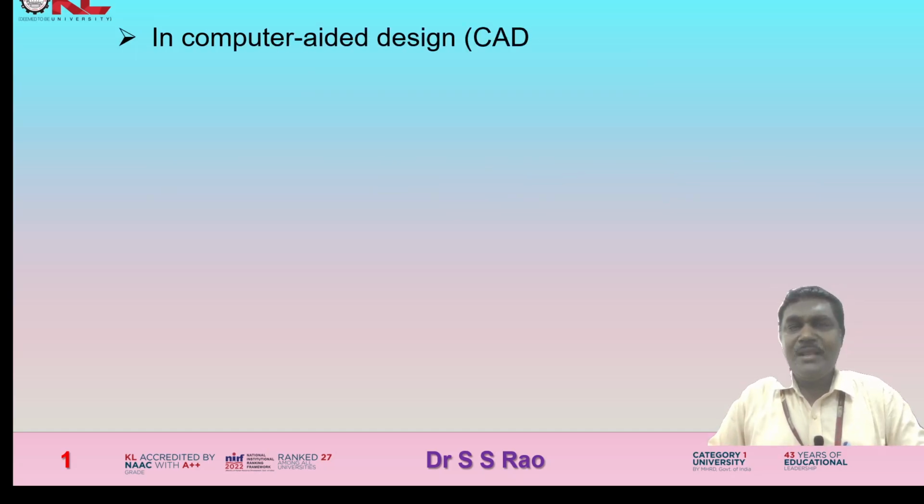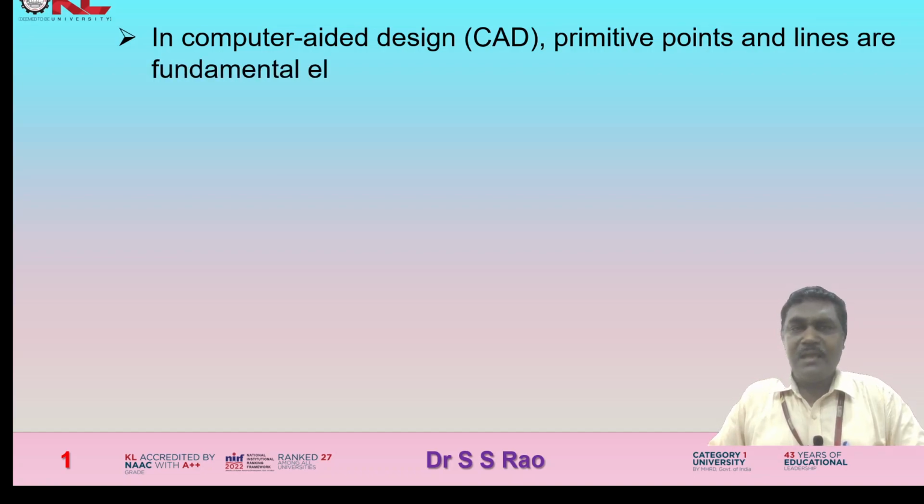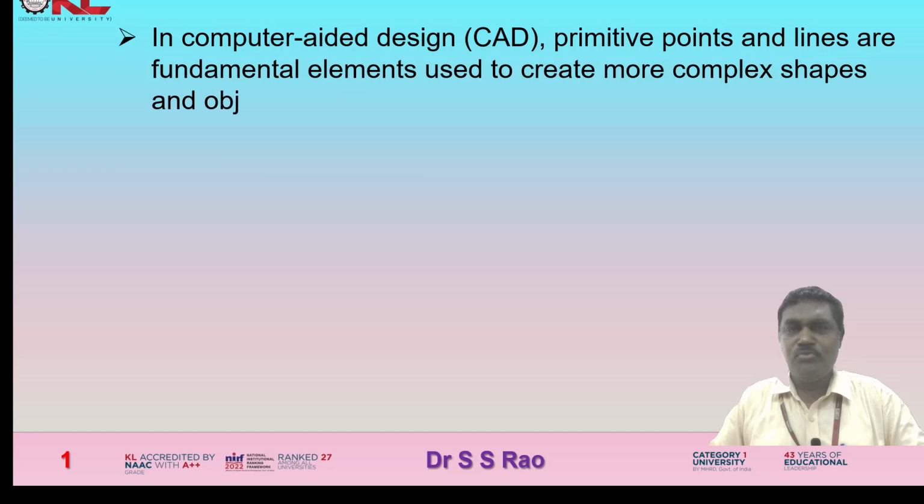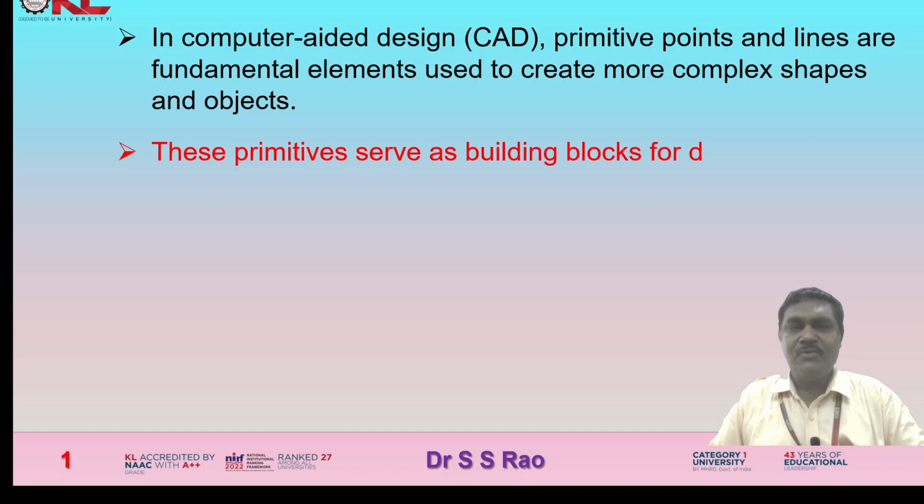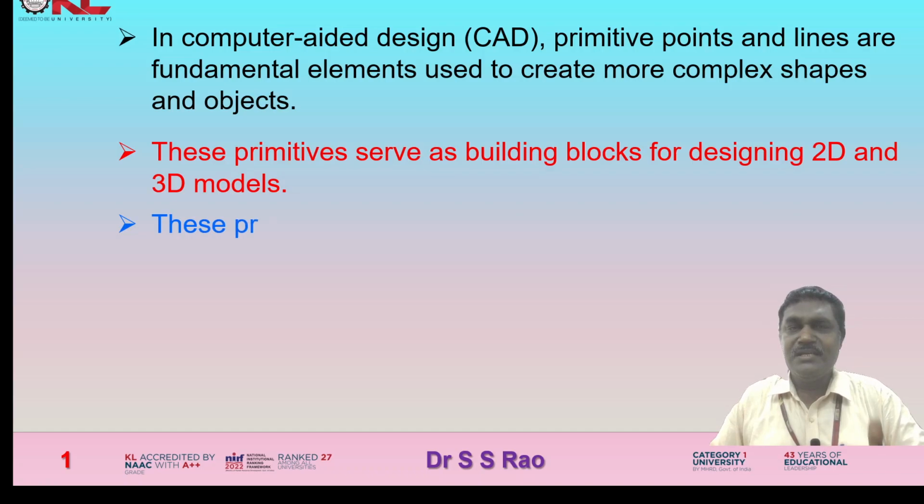So in computer aided design, that is CAD, primitive points and lines are fundamental elements used to create more complex shapes and objects. These primitives serve as building blocks for designing 2D and 3D models.